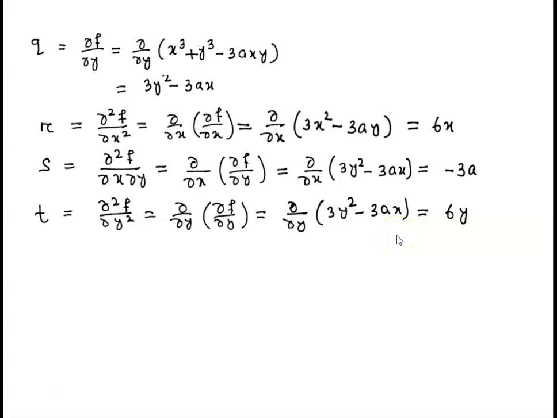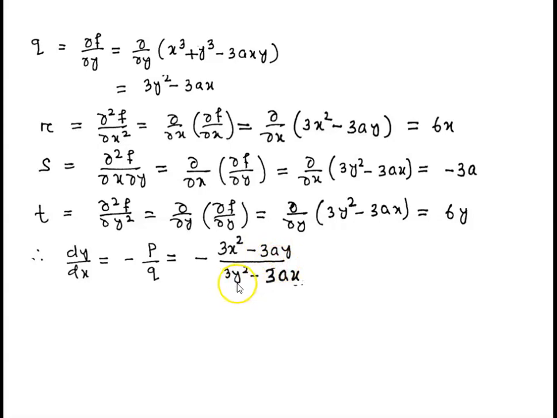So now we have with us p, q, r, s, t. Now we can use those two formulas to find dy by dx and d square y divided by dx square. By the formula, dy by dx is equal to minus p by q, and we have our p as 3x square minus 3ay, and our q as 3y square minus 3ax.